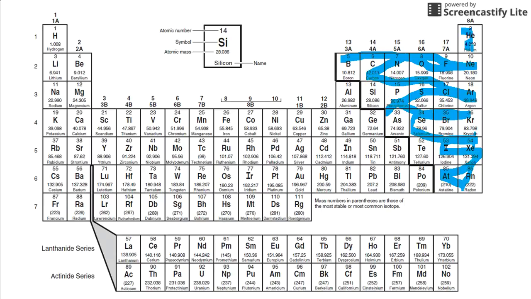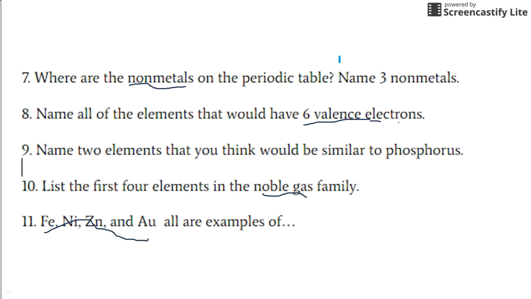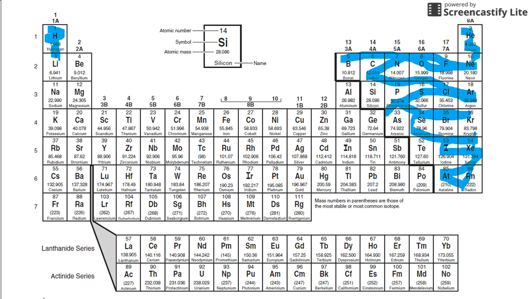So these are all nonmetals. This is a nonmetal. There, that's what you need to know. Hydrogen, and then everything to the right of the stairs are nonmetals. That question asks you to name 3. Go ahead and pick any 3 that we just highlighted in blue.